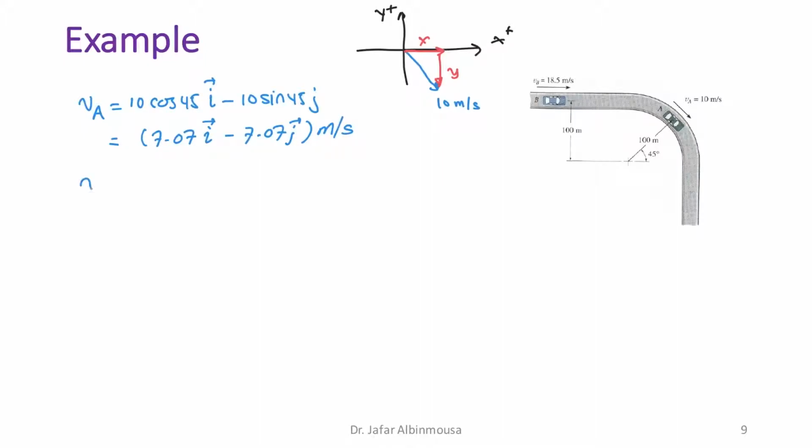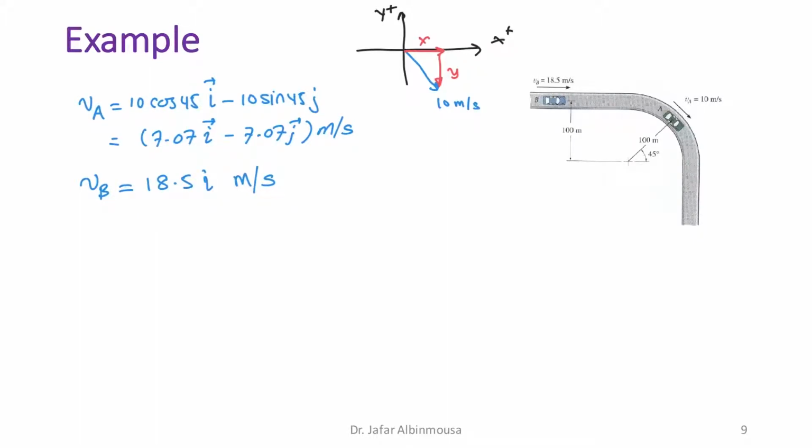Now v_B, since it's moving in a straight line in the right direction, we are going to have it as 18.5 i meters per second.